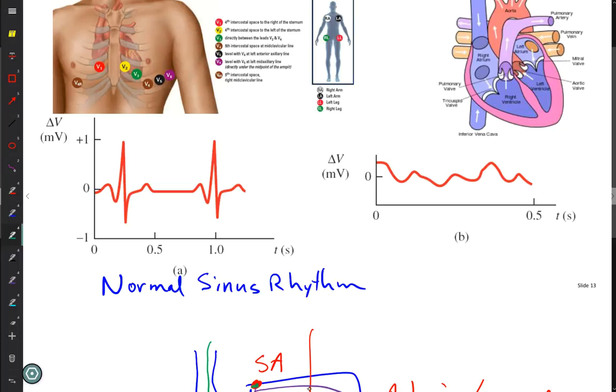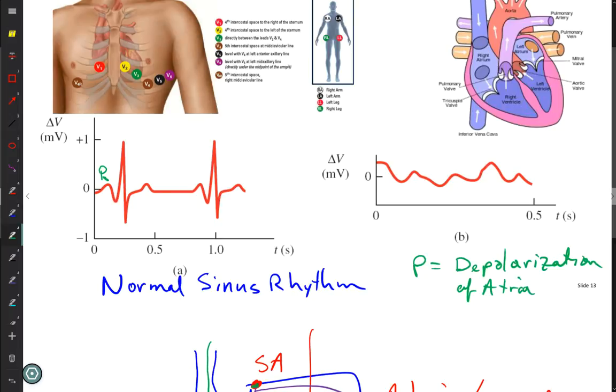We start with the letter P for this thing right here. And so what's going on with that P wave? It's actually the depolarization of atria.